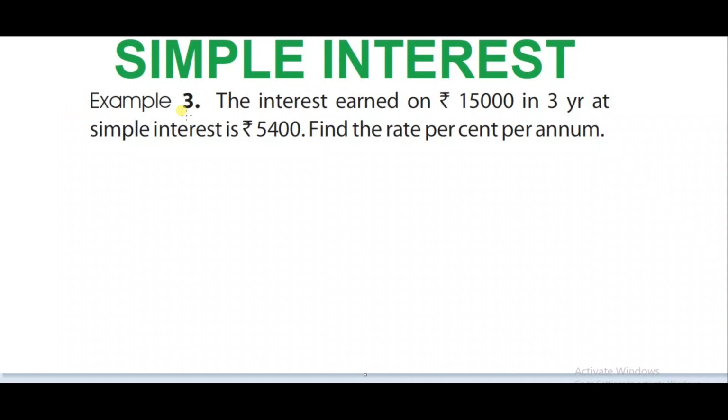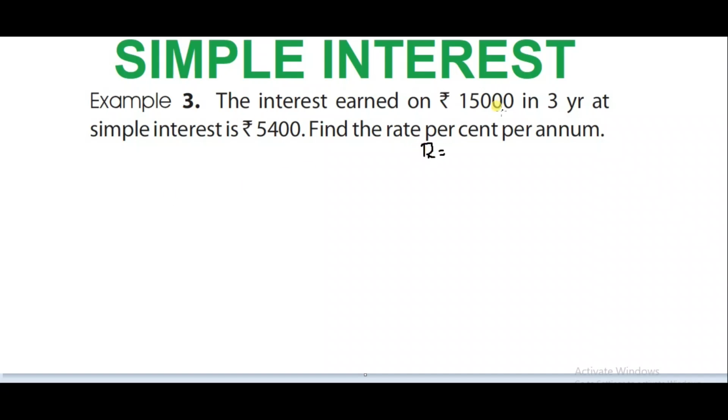Next, example 3. The interest earned on 15,000 in 3 years at simple interest is 5,400 rupees. Find the rate percent per annum. So we need to find out rate percent means R. R equal to how much? First write given data.